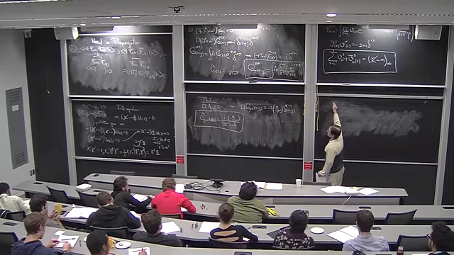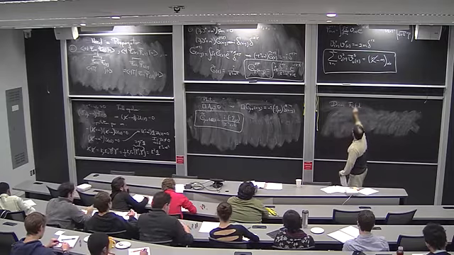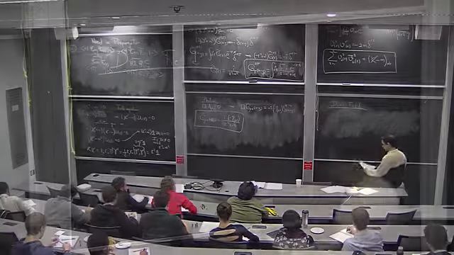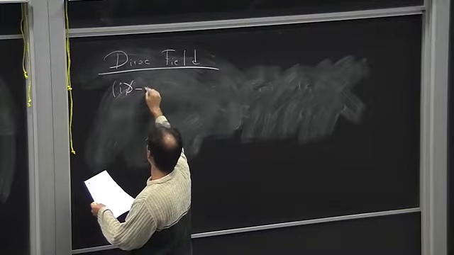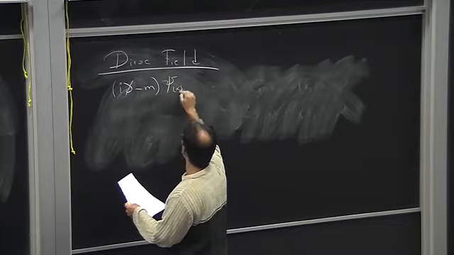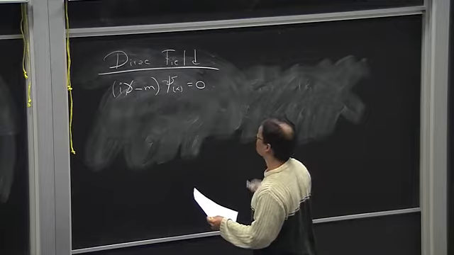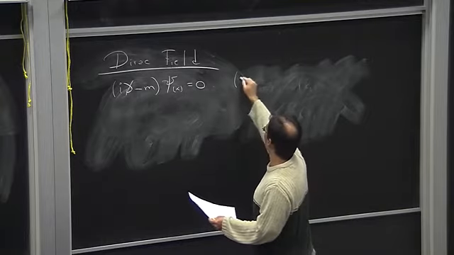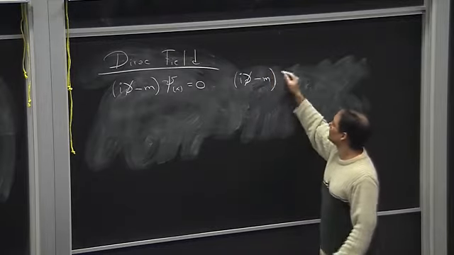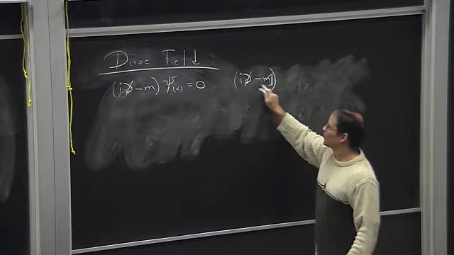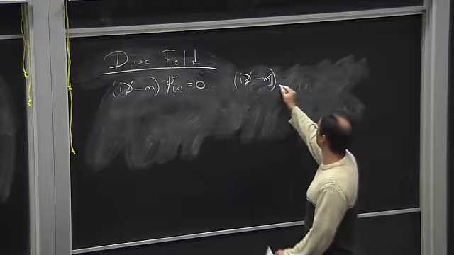Right? So finally, let's do it for the Dirac field. So what's the equation we have to solve? Well, the equation we have to solve is the Dirac equation. So what's the Green's function equation? Remember, now this is a matrix. Yeah, that's right. So we have this matrix.